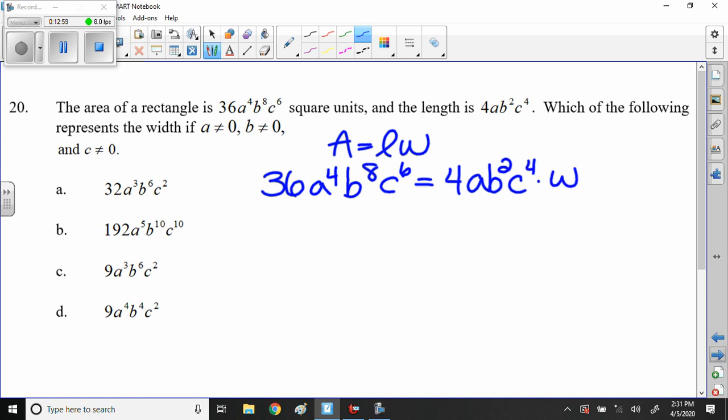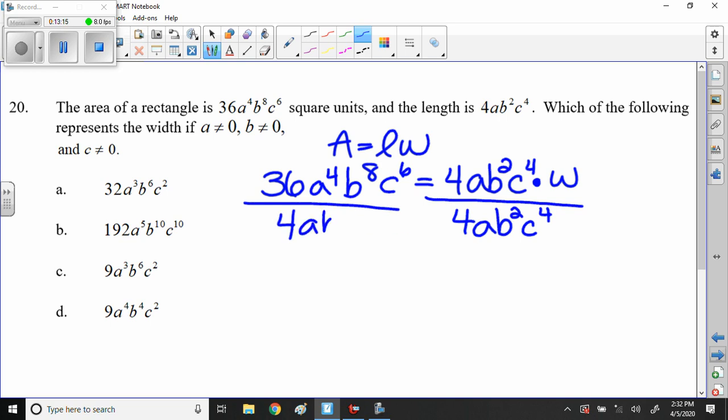And from there, what we can do is work backwards to get our width alone. Since these two are being multiplied here, opposite of multiplication is division. So I'm going to divide both sides by this. Okay, that way now I just have my width alone.